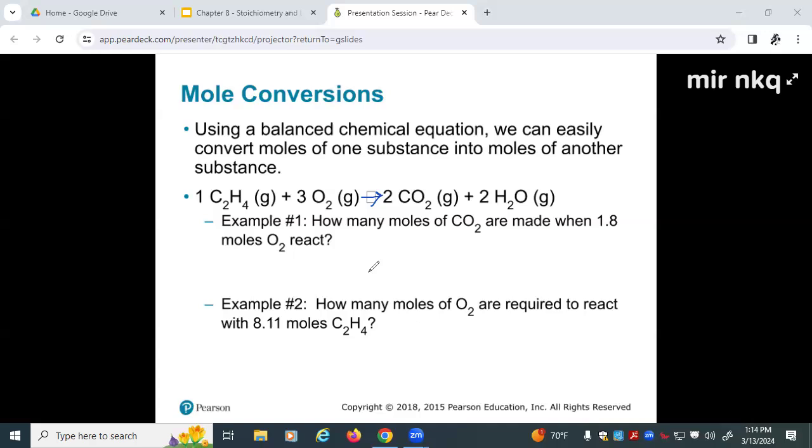The way to answer this kind of calculation is to do a conversion using the balanced chemical equation as the anchor point for where the numbers come from. So if I'm starting with 1.8 moles of oxygen, my conversion factor is going to want to take those moles of oxygen and convert them into moles of carbon dioxide, because that's what we were being asked for.